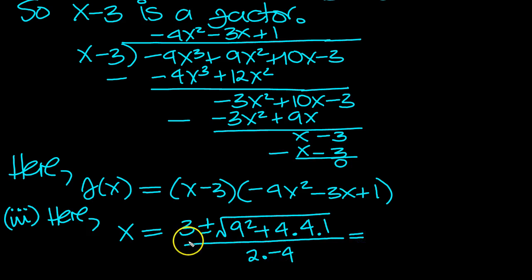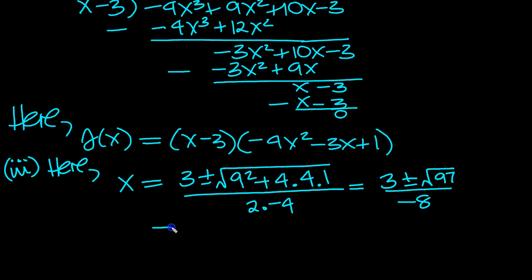So this equals to then 3 plus or minus 81 plus 16, 4 fours are 16, 91, 97, square root of 97 over -8.